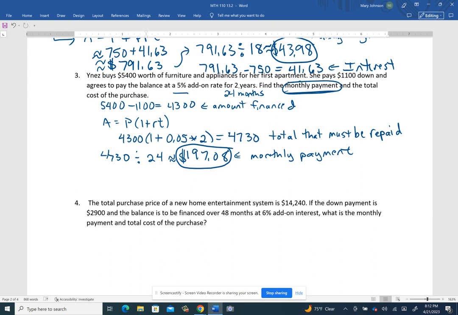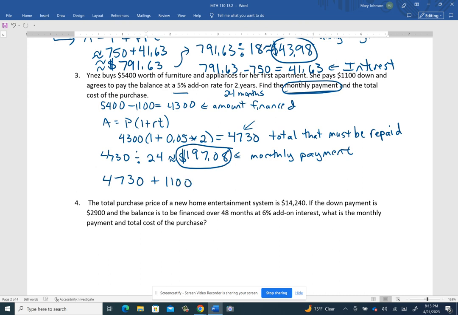Then the other thing they asked for was the total cost of the purchase. Total cost of the purchase. Probably the easiest thing to do would just be to take this amount. So we have to repay 4,730, and take that and add to it the amount we paid up front.